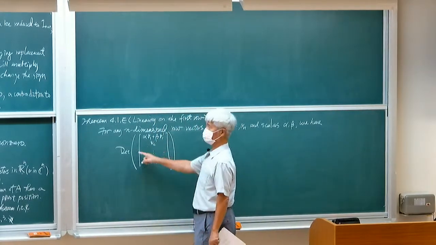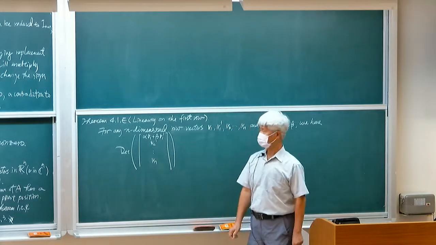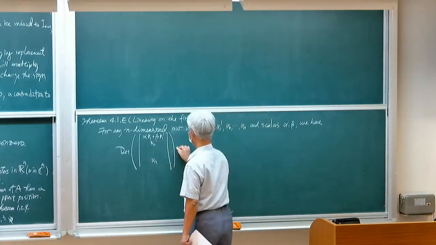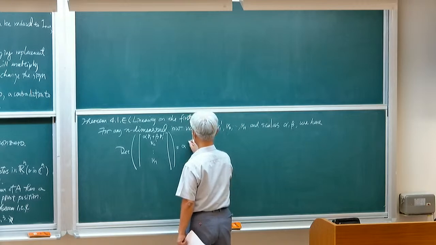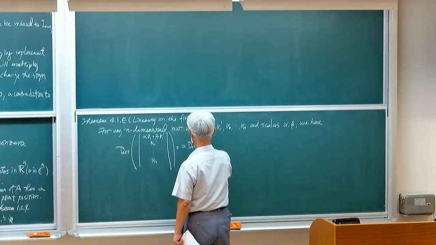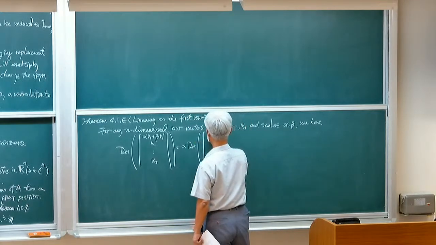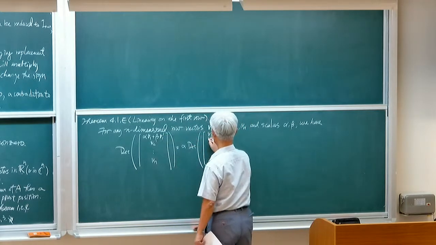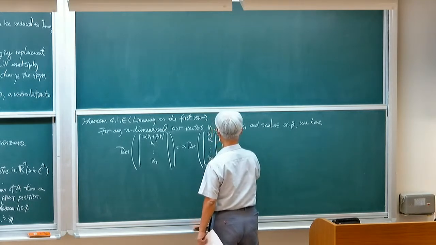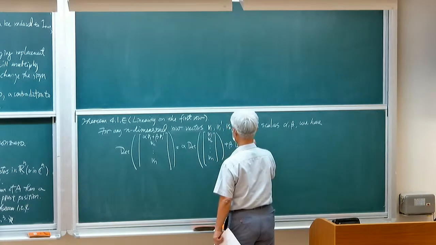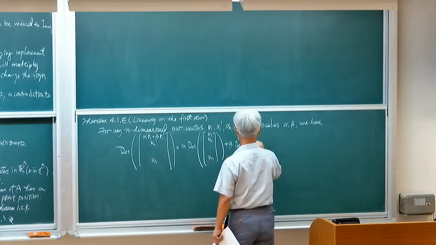Right, now the determinant of this matrix is a linear combination of the determinants of two matrices: alpha times the determinant with first row R1, plus beta times the determinant with first row R1 prime, and rows R2 up to Rn.